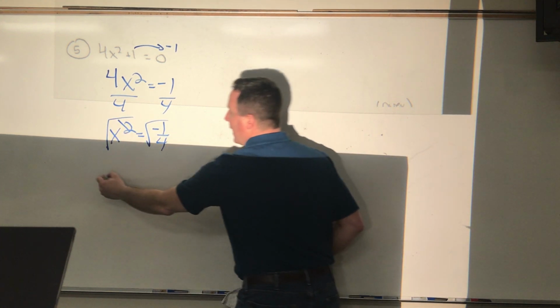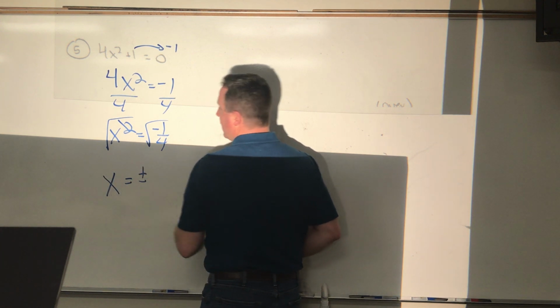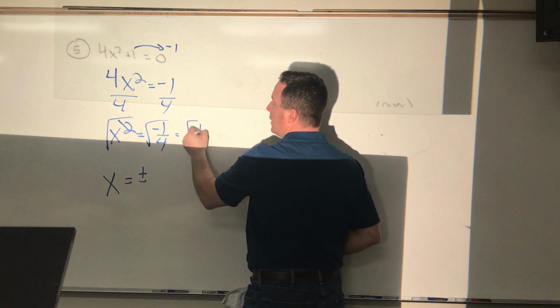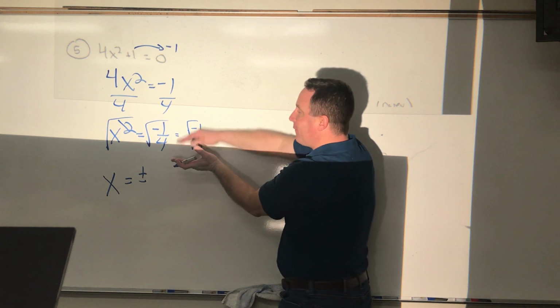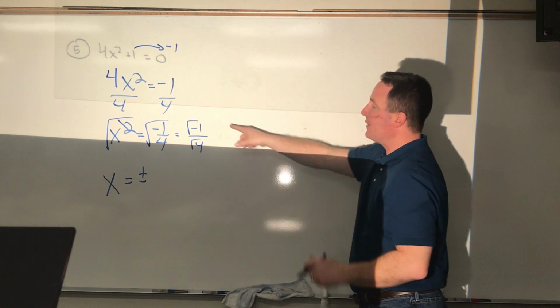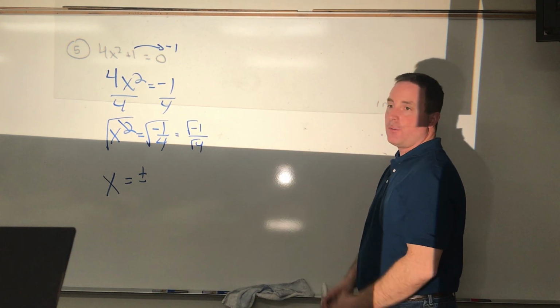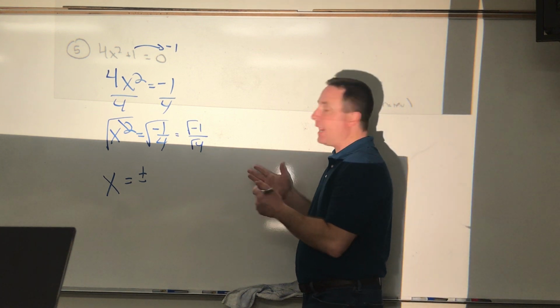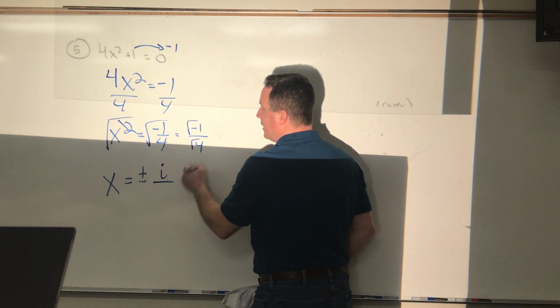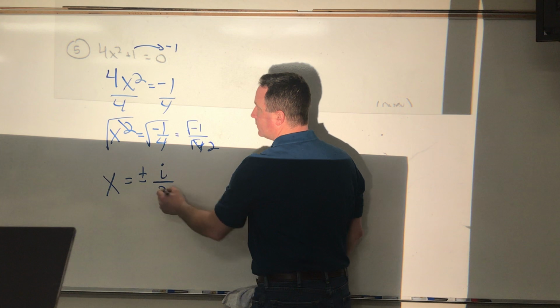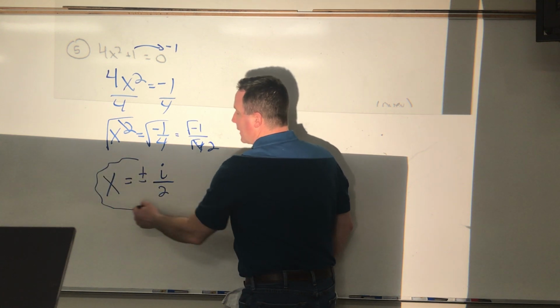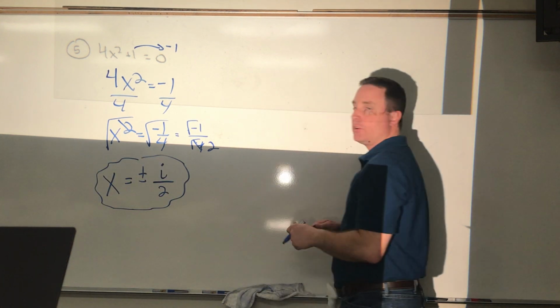When I do that, I always get plus or minus, and if I separate my fraction, I get the square root of negative 1 over the square root of 4. Well, the square root of negative 1 is 1i, or just i, and the square root of 4 is 2. So I get plus or minus i over 2.